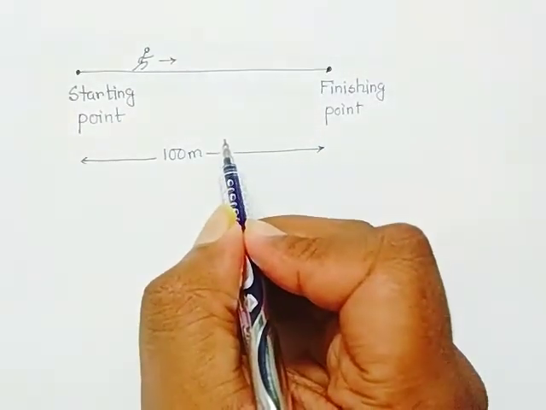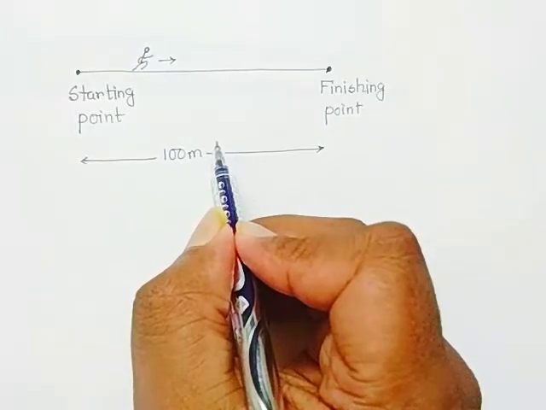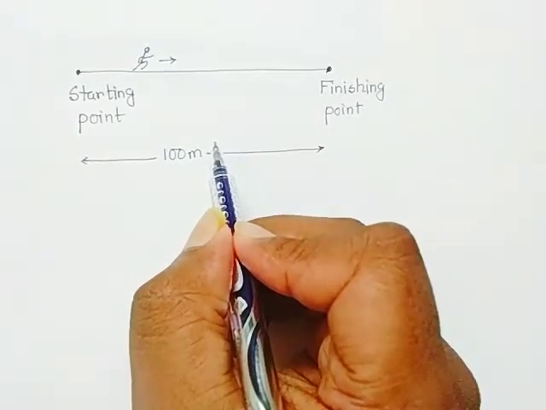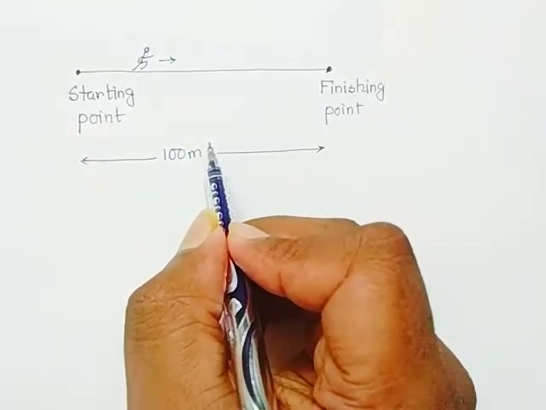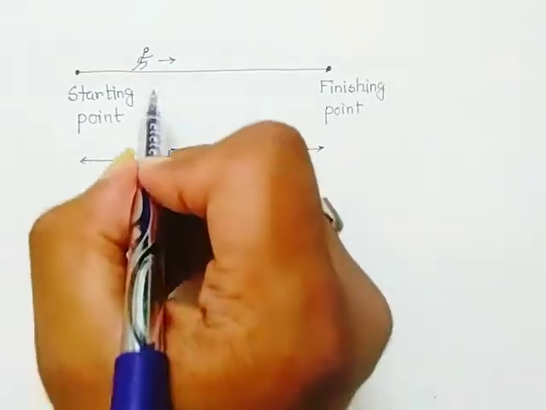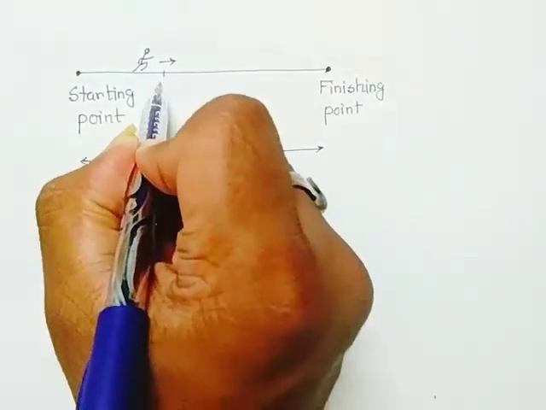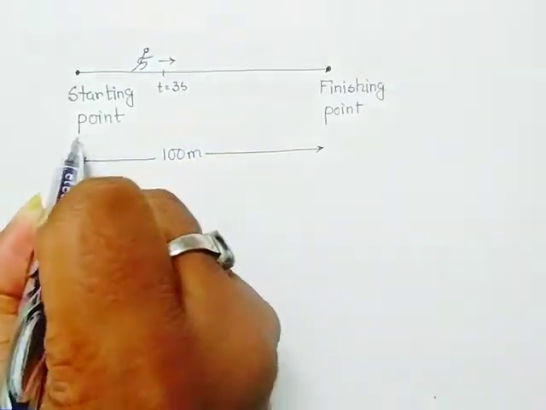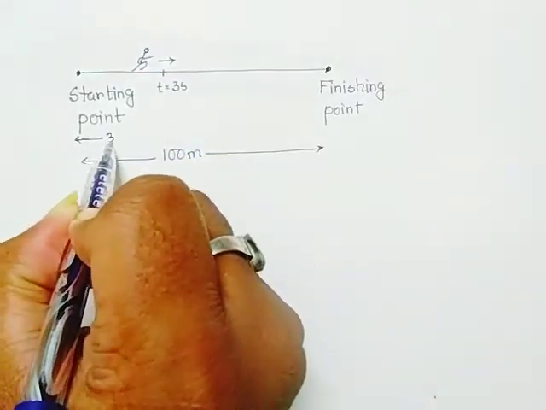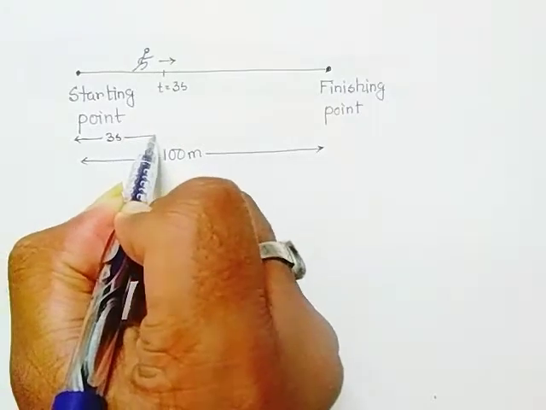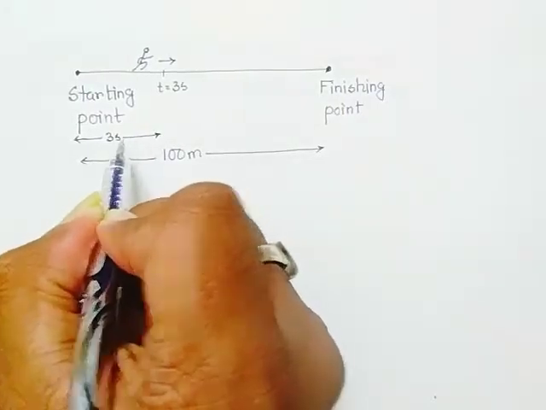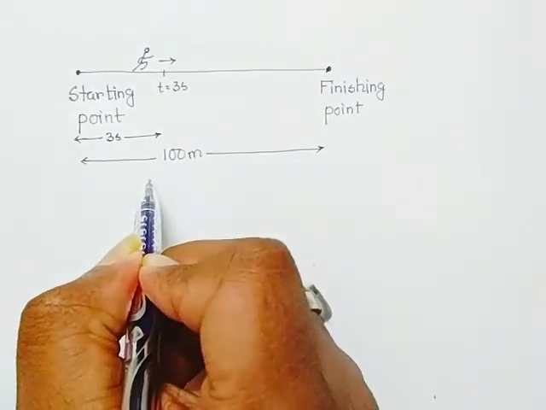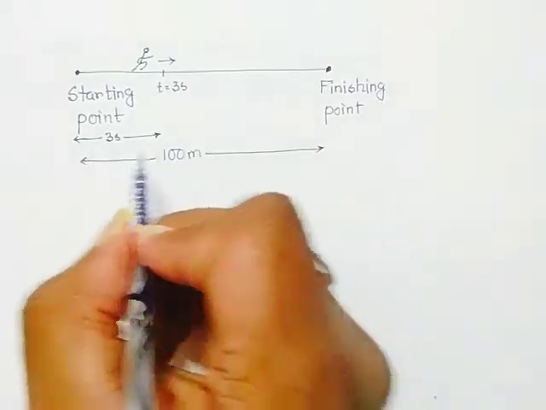If I try to find out his position at different instants, let us consider t equal to 3 seconds. At that time his position is at a distance of 30 meters from the starting point.